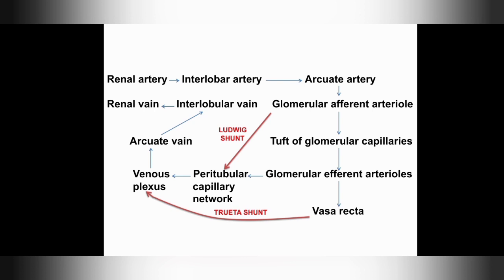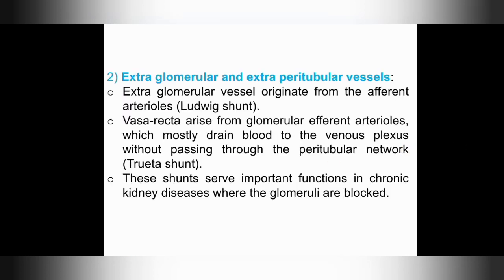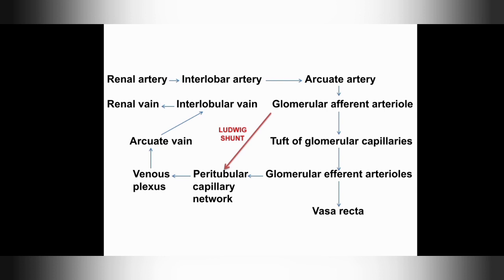The blood supply should not be stopped, but suppose there may be some difficulty in the filtrating mechanism, there may be some disease in the glomeruli, so the blood supply must go on. So how will the blood go to the next structure? Using this shunt or this bypass road. So that is the second peculiarity, that our renal circulation has extraglomerular or extraperitubular capillaries in the form of these two shunts or these two bypass roads.